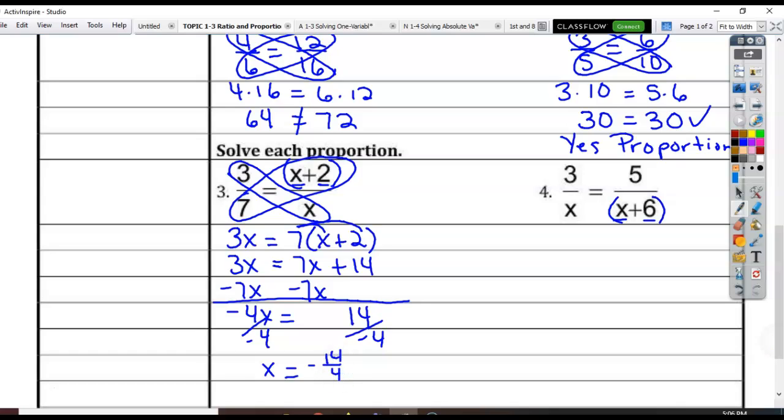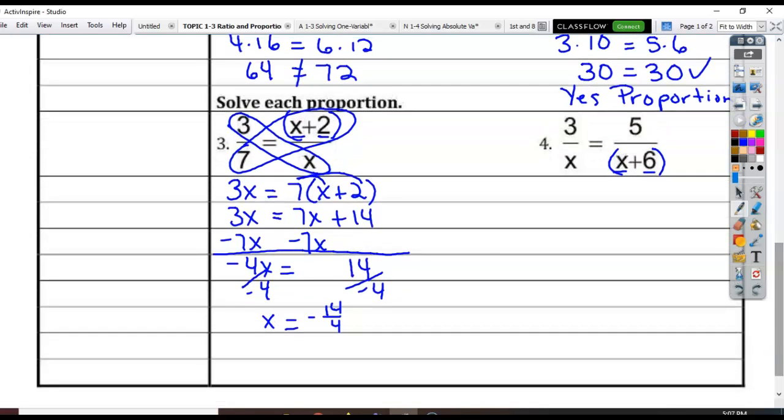We can reduce that. 2 can go into each one, so it's negative 7 over 2. So your answer here is x is equal to negative 7 over 2. Inside your quiz that you'll be filling in, you'll only be filling in the fraction. Okay, so you don't say x equals. You would just put it like this, negative 7 divided by 2. Okay, because a fraction is just a division.